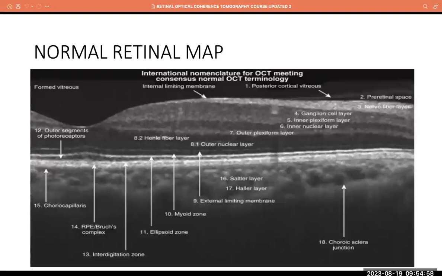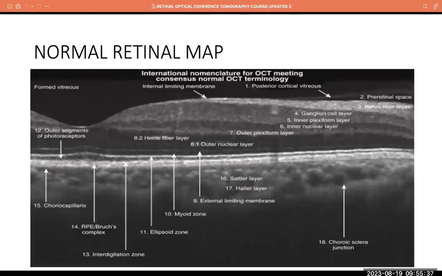From out in, you look for the RPE Bruch complex. The next one is the interdigitation zone. In some machines, you may just have 3 lines. If you have just 3 lines, the outermost line is the RPE, the landmark line. Then from the RPE to the interdigitation zone, the next line is the ellipsoid zone. And the outermost of those gray lines, the faintest among them, is the external limiting layer.